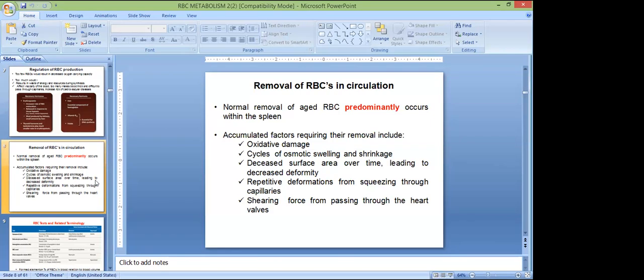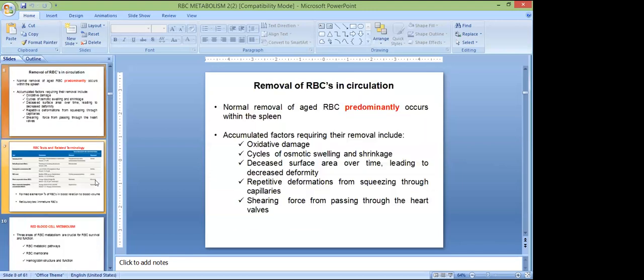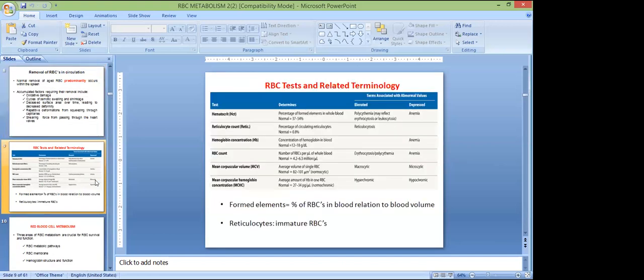So when red blood cells have reached that period, 120 days, they are broken down. Remember, when we mention red blood cells, always remember hemoglobin. It's the major constituent. So when it's broken down, we say we break it down to heme and globin. Now, globin is just a chain of amino acids, so it goes back to the amino acid pool of the body.